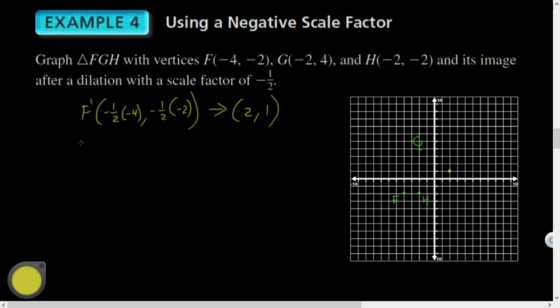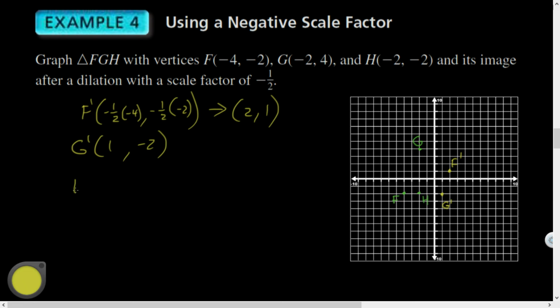So let's see. I'll quickly do these other ones. So G prime is going to be negative a half. Actually, no. Let's just write it. Negative a half times negative 2 is positive 1. Negative a half times 4 is going to be negative 2. So my G prime is at (1, -2). Also here was my F prime.